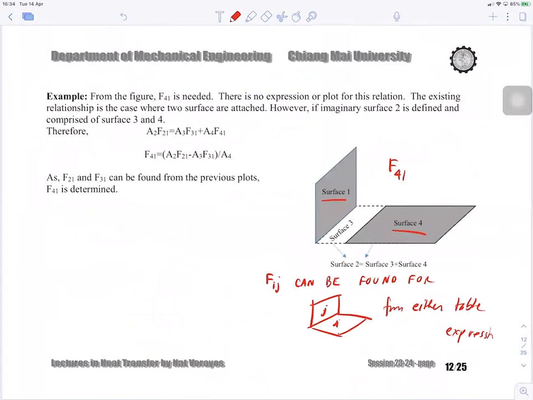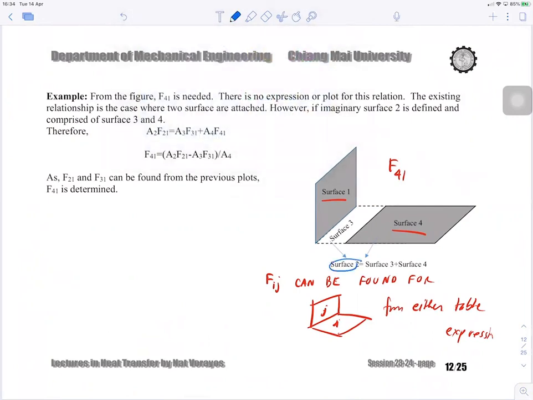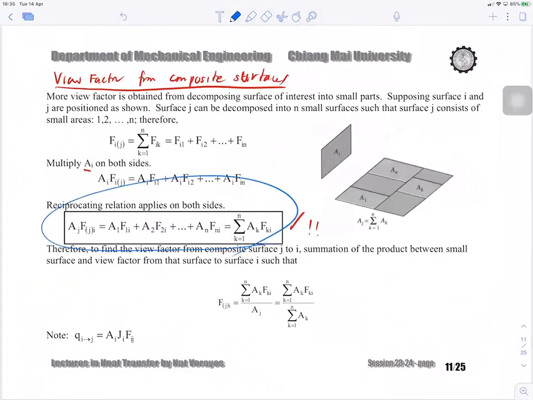Okay, so what if I define the imaginary surface? I define surface 2 as the combination of surface 3 and 4. This is surface 3, and this is in connection with surface 4. When you add surface 3 and surface 4, we define it as surface 2, right? So we're going to use this equation.